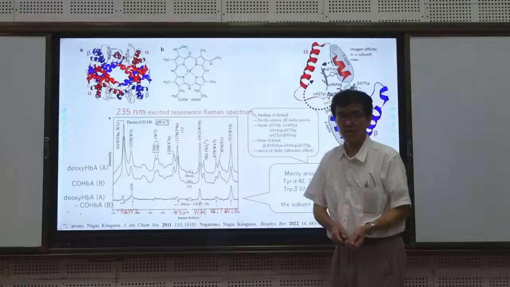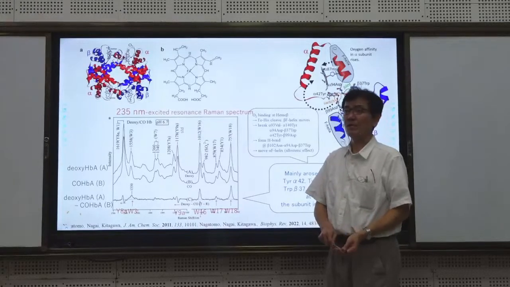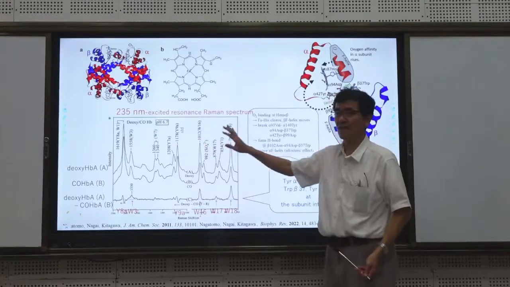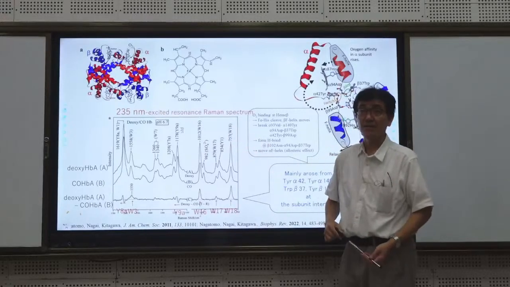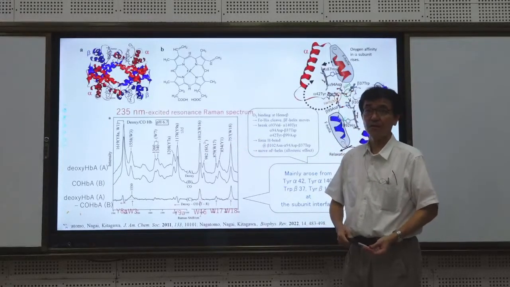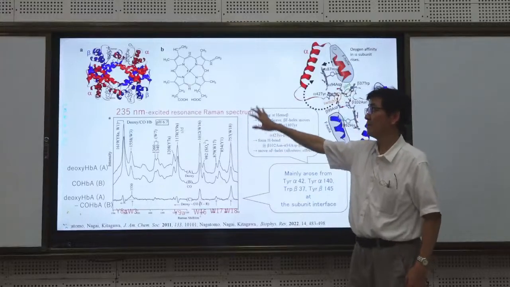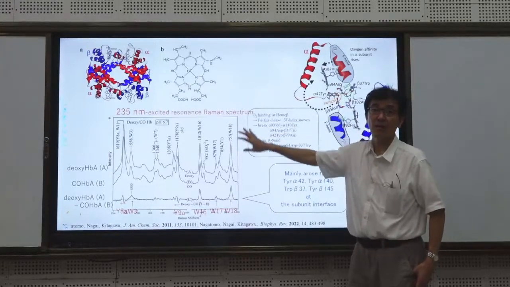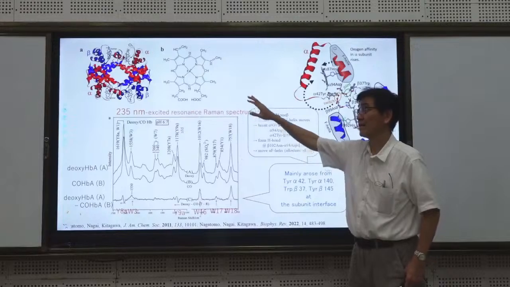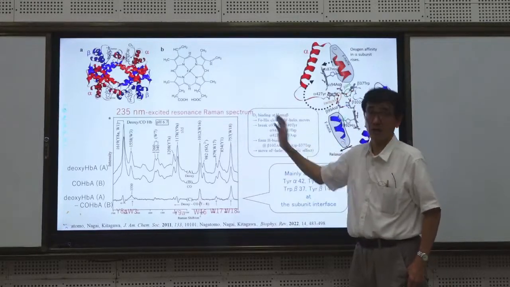But depending on your sample and your purpose, please choose the same methodology. Okay? This is a typical way to analyze biomolecules.